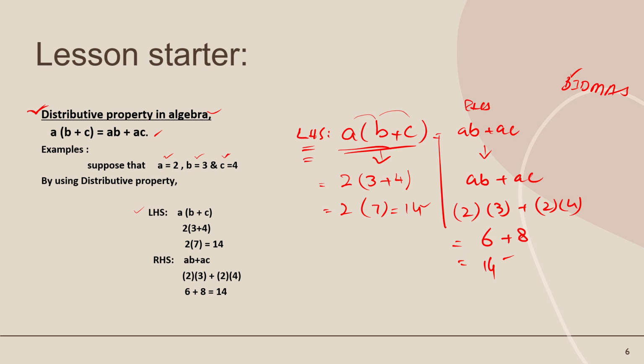It means that the number outside of the bracket will multiply with both numbers inside the bracket, separately. Clear? First solve the bracket with the arithmetic operation, then multiply by the number outside the bracket.